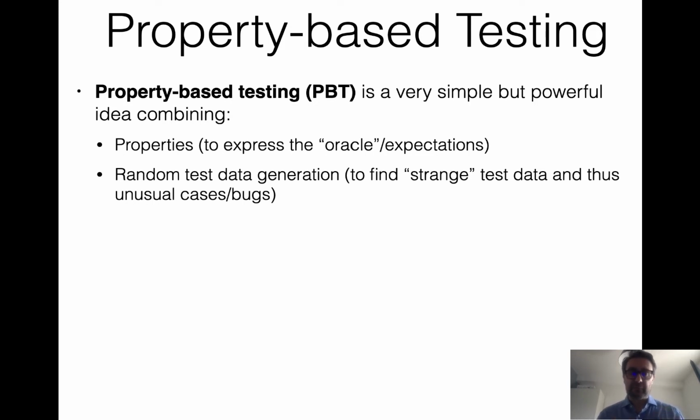Just by starting from some basic data types and being able to generate them and putting that into the properties, you can test a lot of things in a lot of different ways. A random test data generator will also find the strange, unusual test data, and thus can help you uncover unusual bugs, unusual states, and so on.